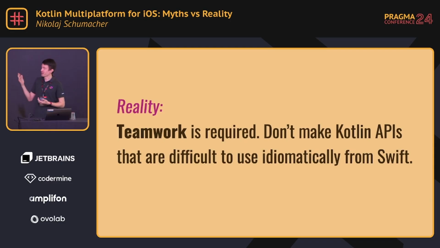But the reality is, for this to work nicely for Swift developers, teamwork is required. The Android developers and the iOS developers need to work together to make APIs that look nice from Swift as well. The more the iOS devs contribute to this, the better the result will be.